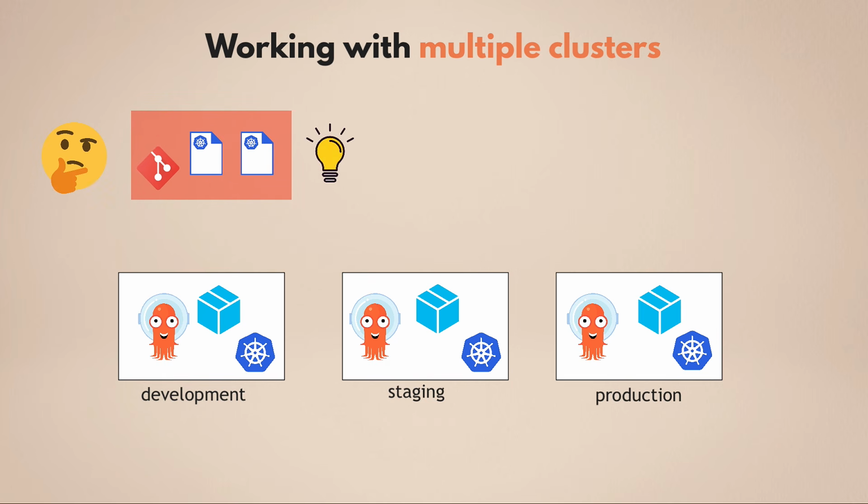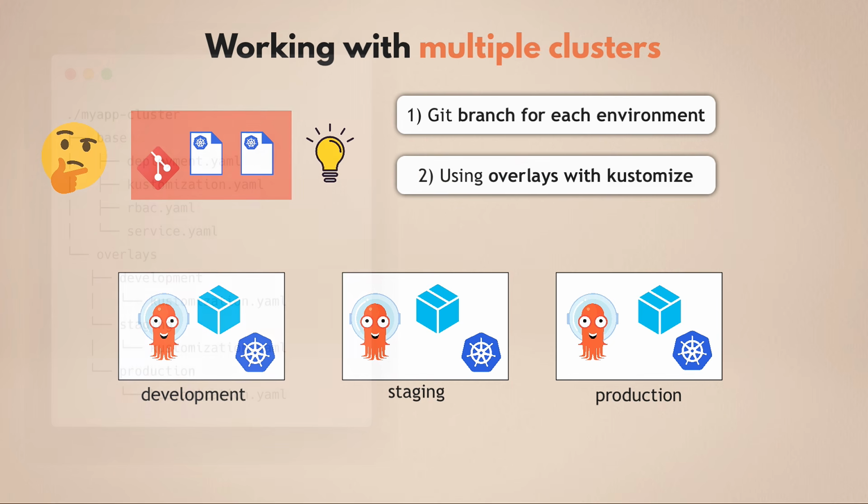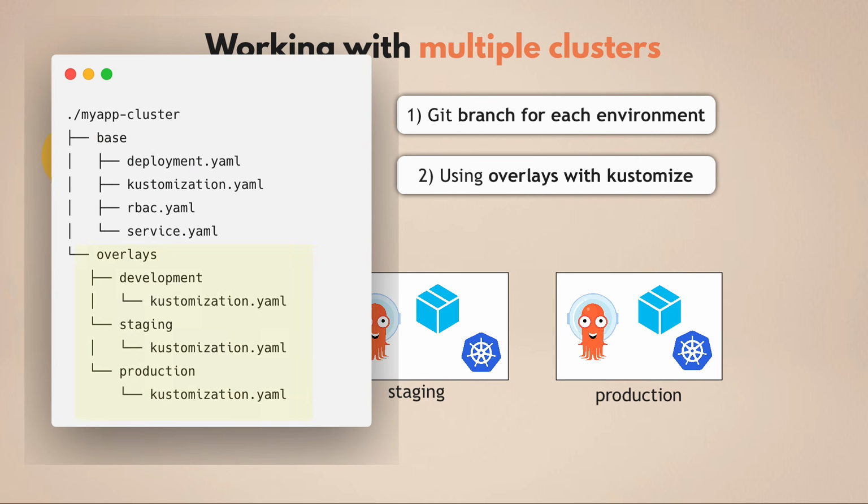For that, we have 2 options. The first one is using multiple branches in our Git repository for each environment. So you would have development, staging, and production branches, which is probably not the best option, even though it is commonly used. Another and a better option would be to use overlays with Kustomize, where you have your own context for each environment.